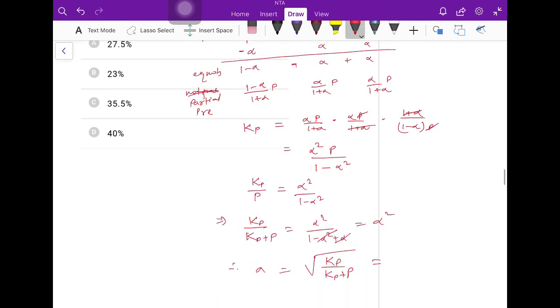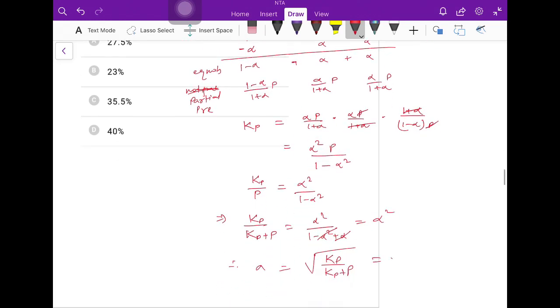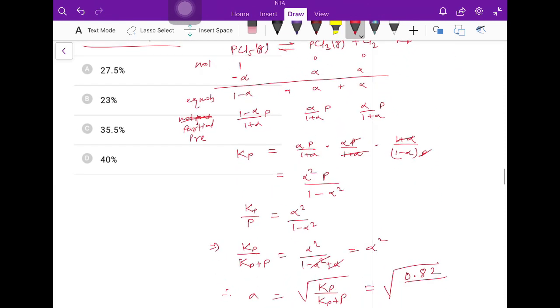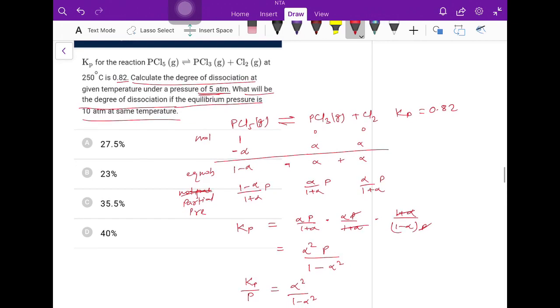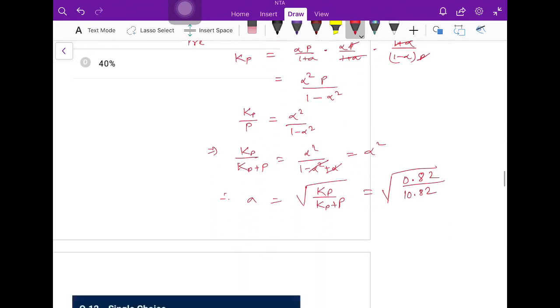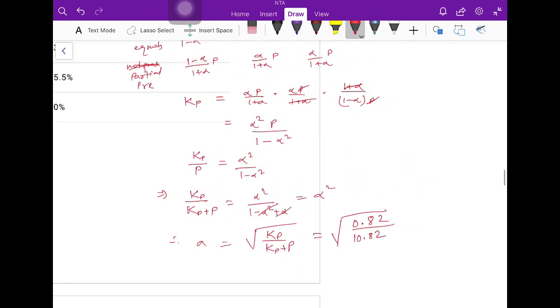So what is the value of Kp here? Kp was 0.82, and Kp plus P, if they have asked us at 5 atm, will be 5.82, and at 10 atm, it will be 10.82. Now we have to calculate the given values. Let us check it at 10 atm only.